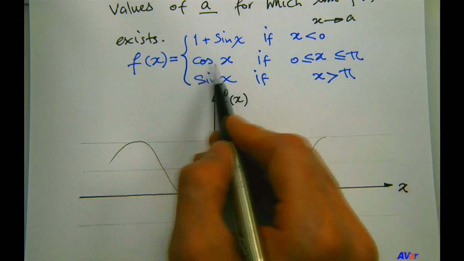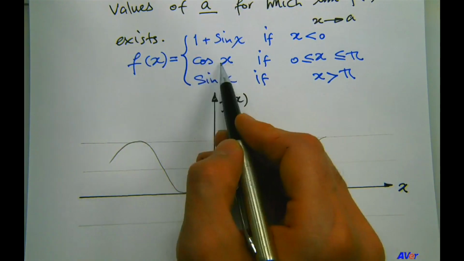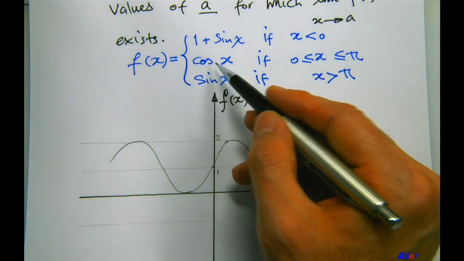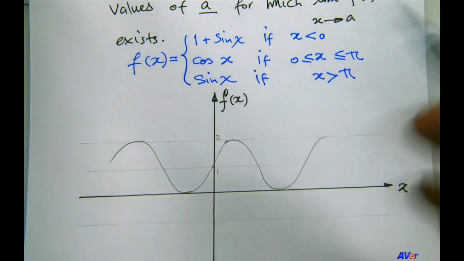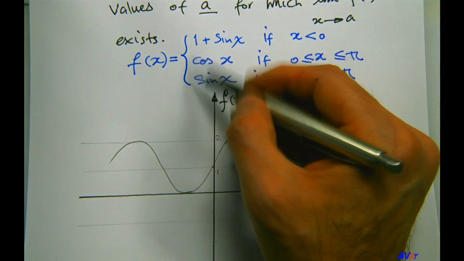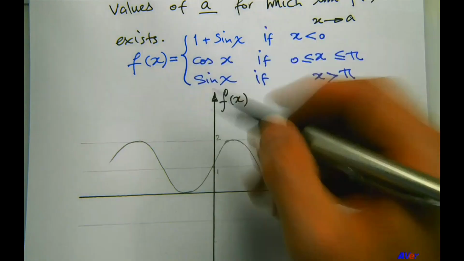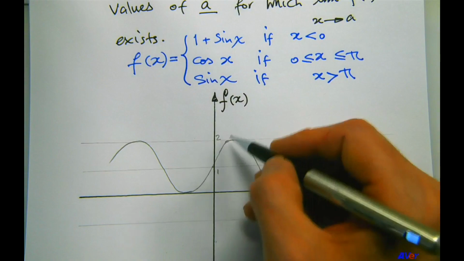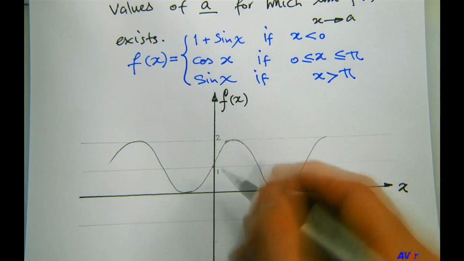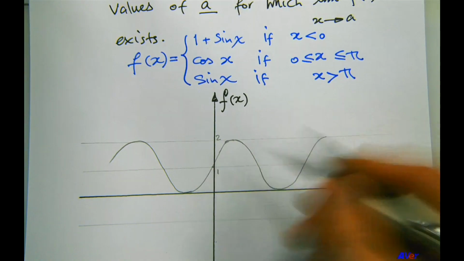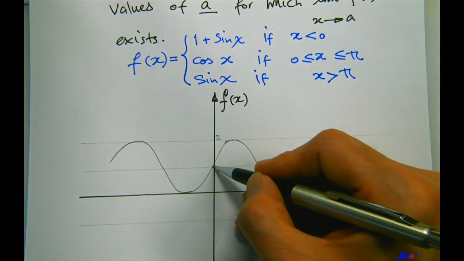So then, let's graph this piece, cosine of x. Well, cosine of x, as we learned in trig, varies between -1 and 1. It oscillates, the amplitude of this is from 1 to -1. All right, so then let's draw that. I'm going to start here and go like this.